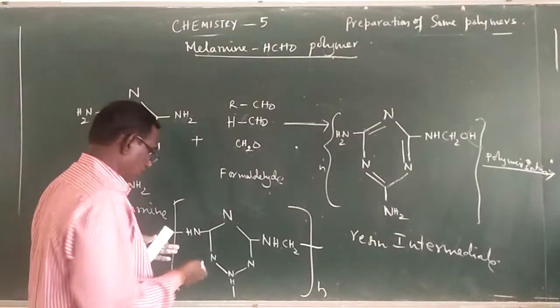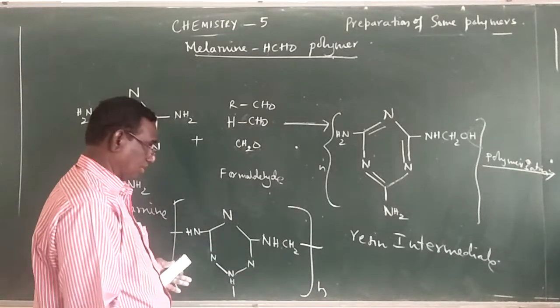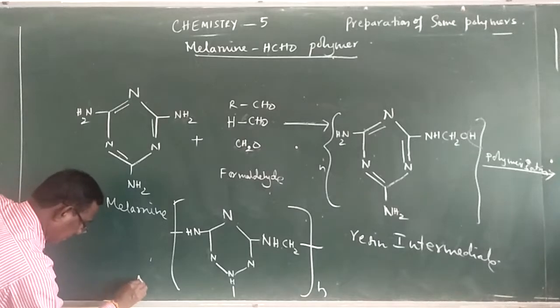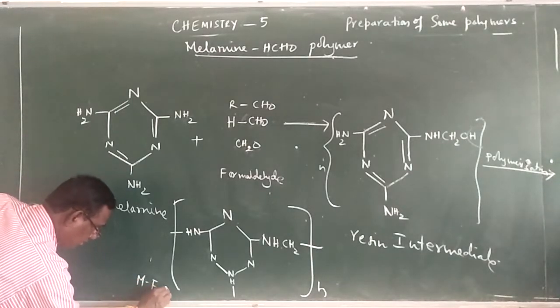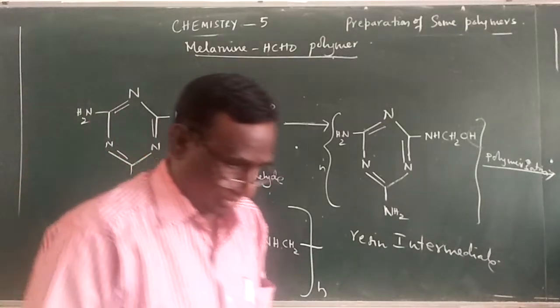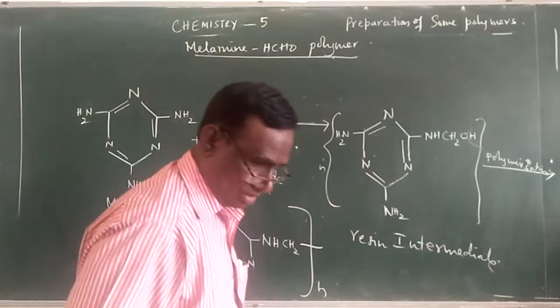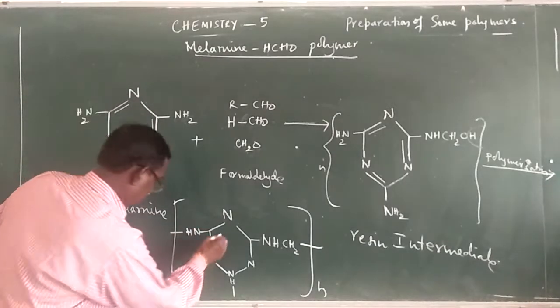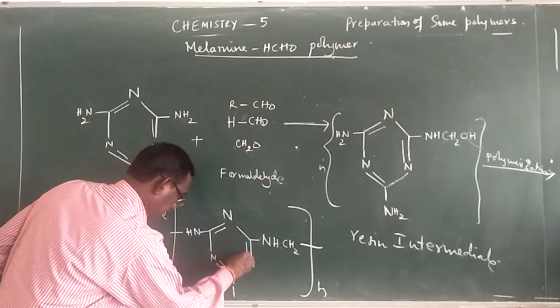That is how you can write the formula for the melamine formaldehyde polymer. You have to write the alternate double bonds in the ring also.